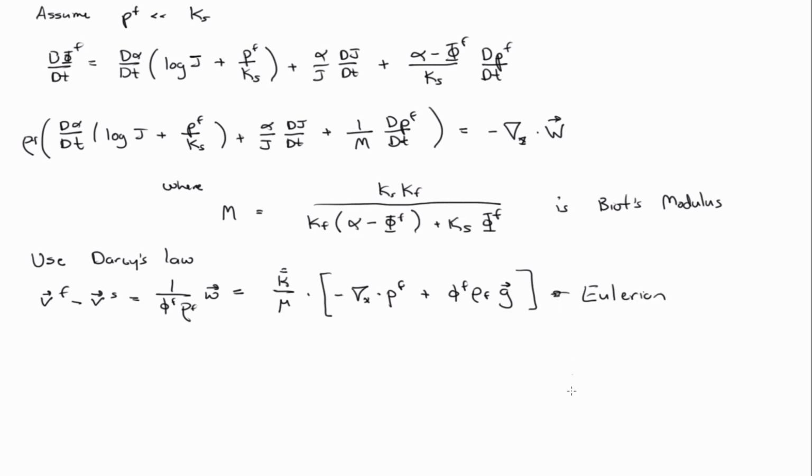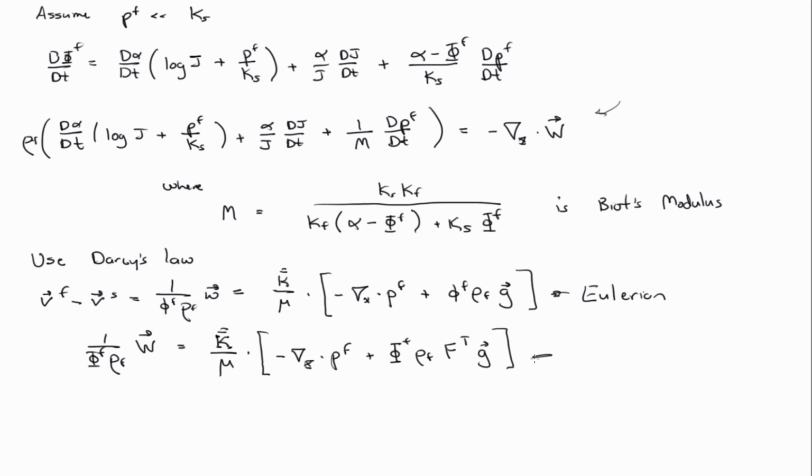So this is in Eulerian form, right? But if we do a pullback operation into the reference configuration, because everything appears in the reference configuration, and we get K. So this is the Lagrangian.